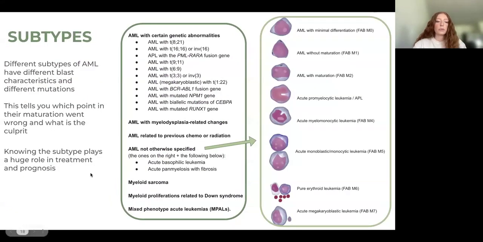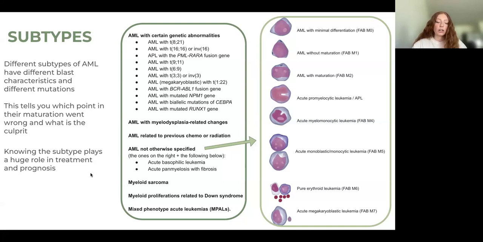And then I want to talk briefly about subtypes. There's a lot of different types of subtypes with AML. Basically, it boils down to the type of genetic mutations that your blast cells have, and also at what point they were in their maturation when things went wrong.